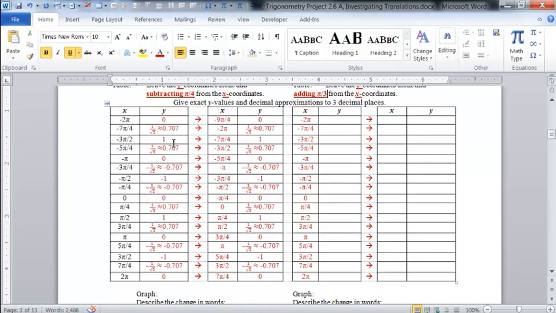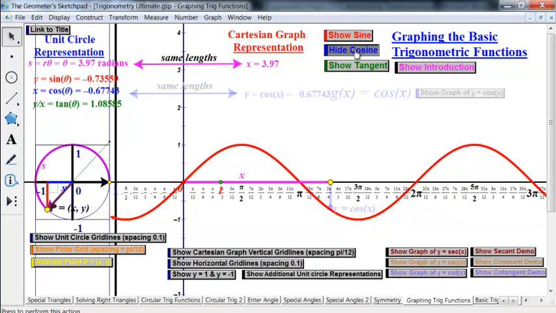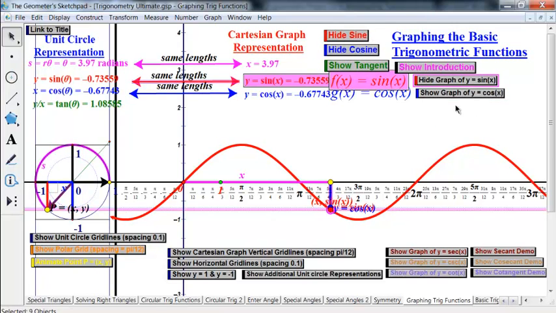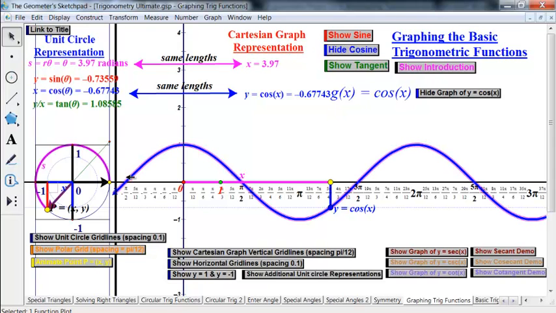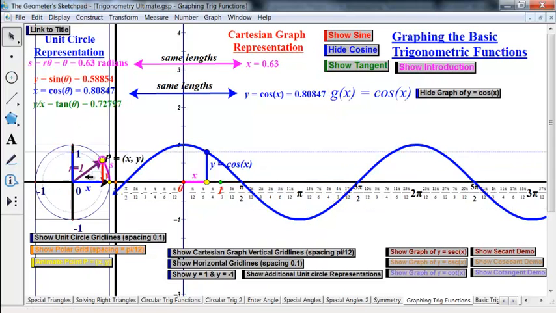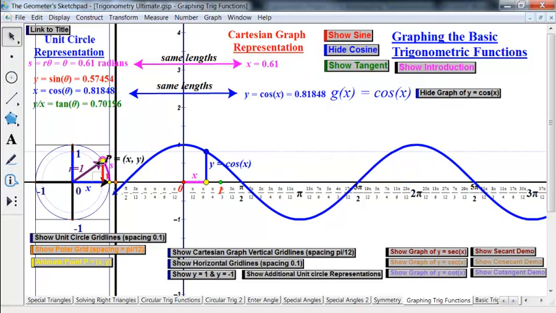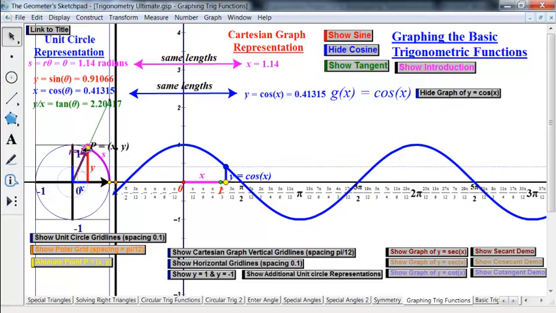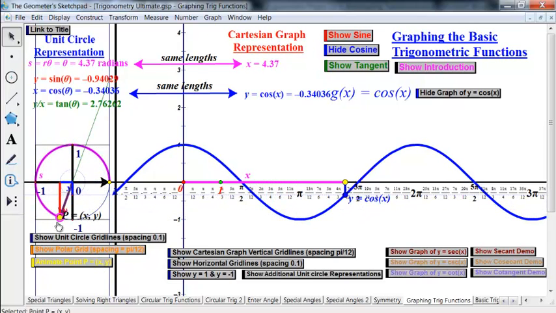Now we get a lot of these same numbers here on the cosine, but remember when you're looking at a cosine graph, let's turn that one off. Here's the cosine graph. It's the x value over here in the unit circle. When you start at 0, it starts up at 1, works its way down to 1 over square root of 2, then 0, then negative 1 over square root of 2, then negative 1, and so forth.